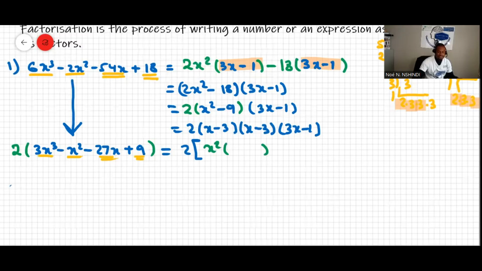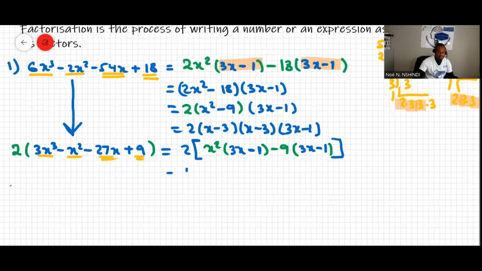And then for the other pair, we can take -9 out. In the bracket, if I take x squared out, it's going to be 3x minus 1, and if I take -9 out, it's going to be 3x minus 1 also.